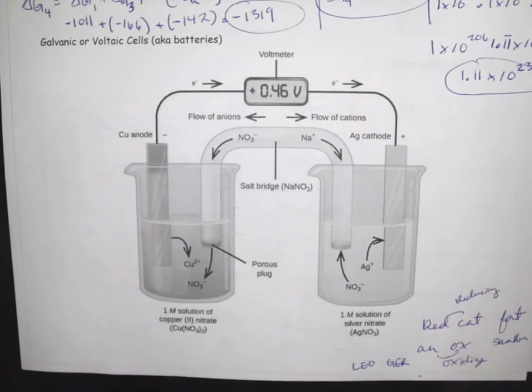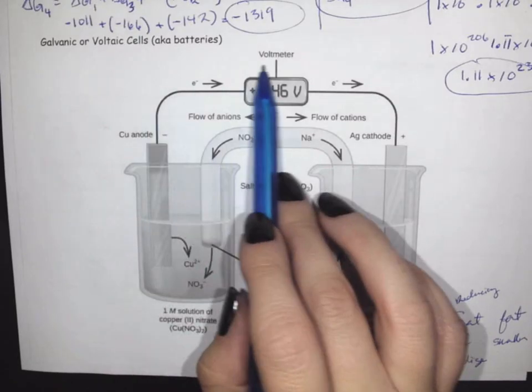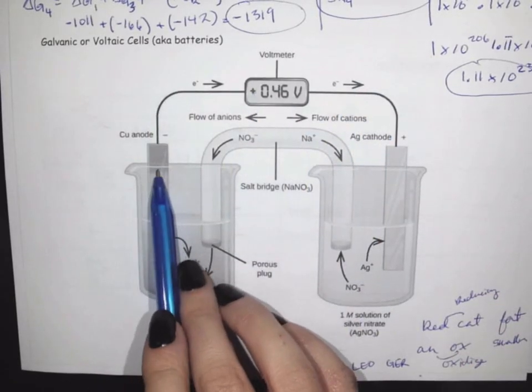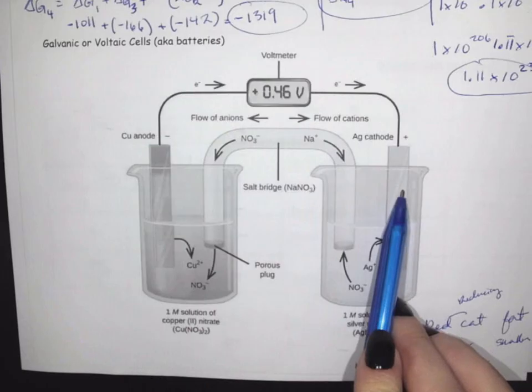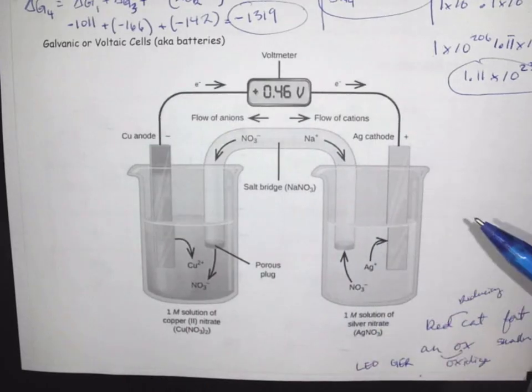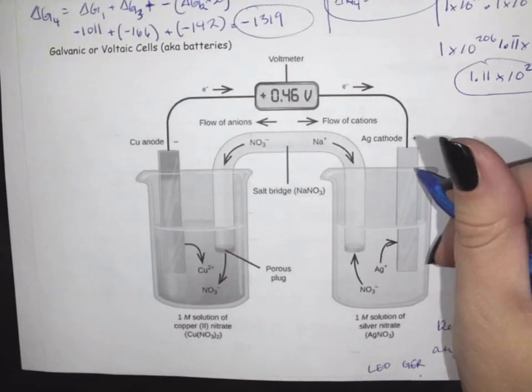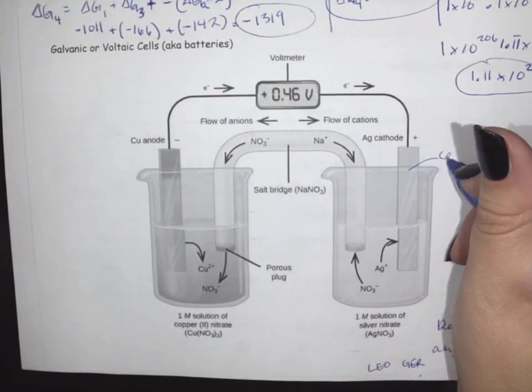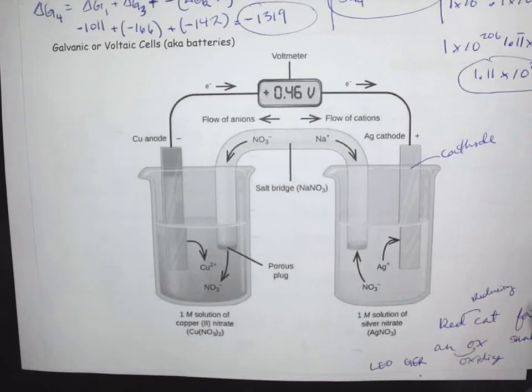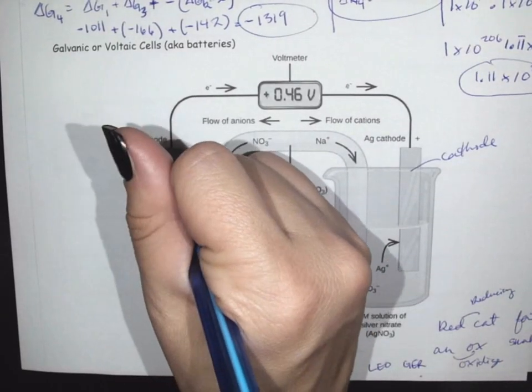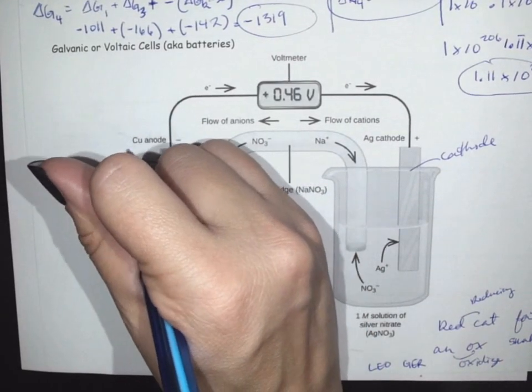Now notice something. The electrons are flowing from here to here, so they're leaving this guy and they're entering this guy. So this has to be the cathode because it's reducing, which means gaining electrons. So that's how we can know that this, as it's labeled, is the cathode. And then because this one's losing electrons, this is our anode.